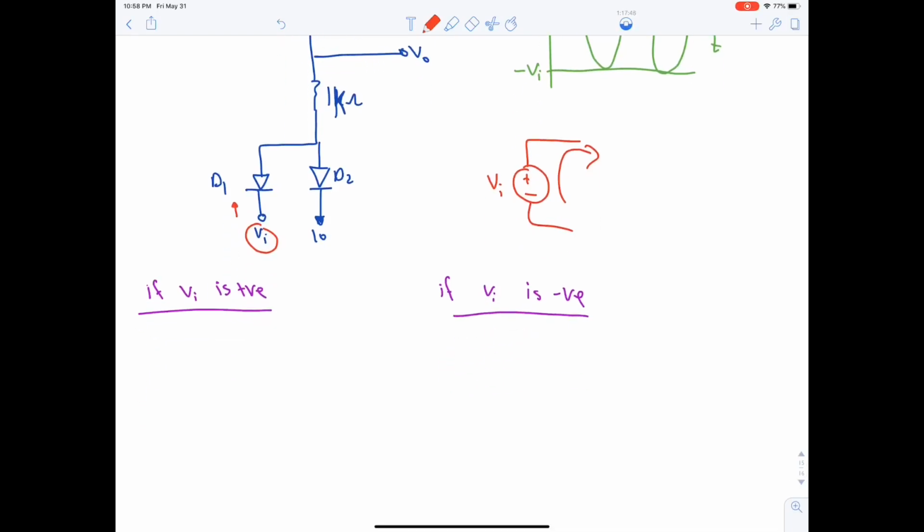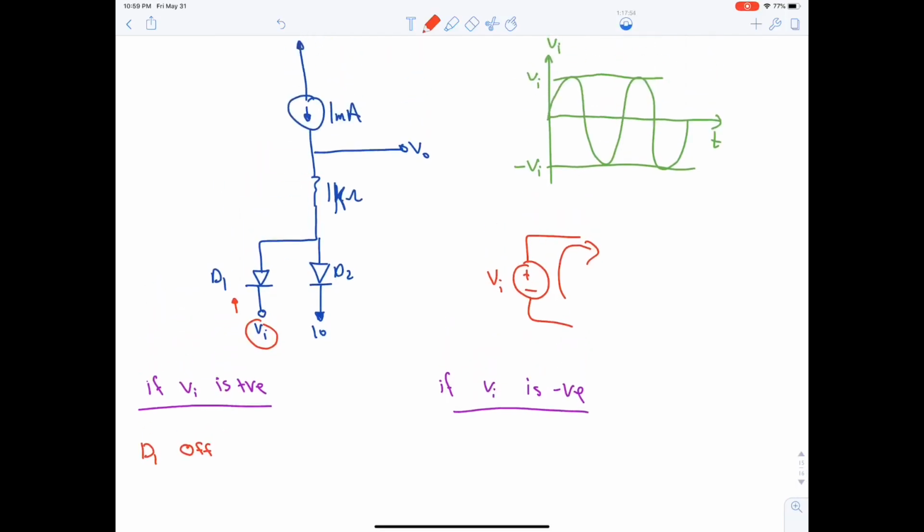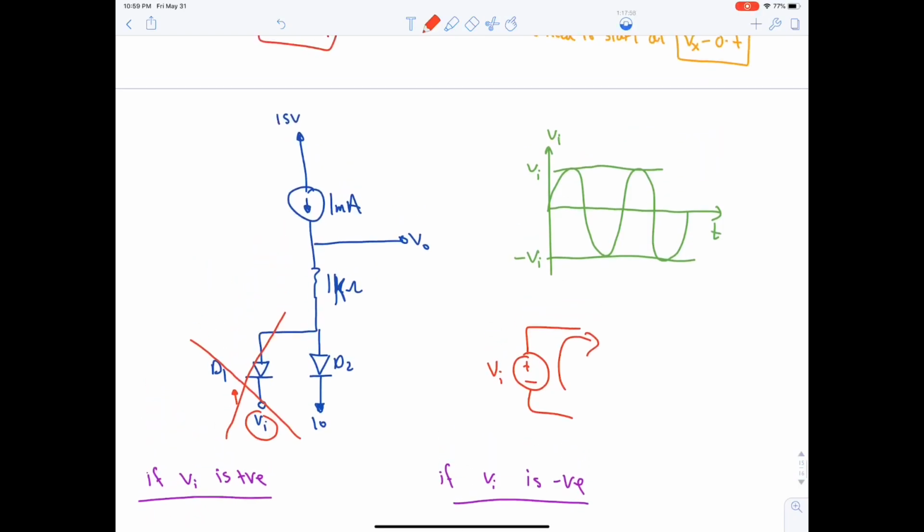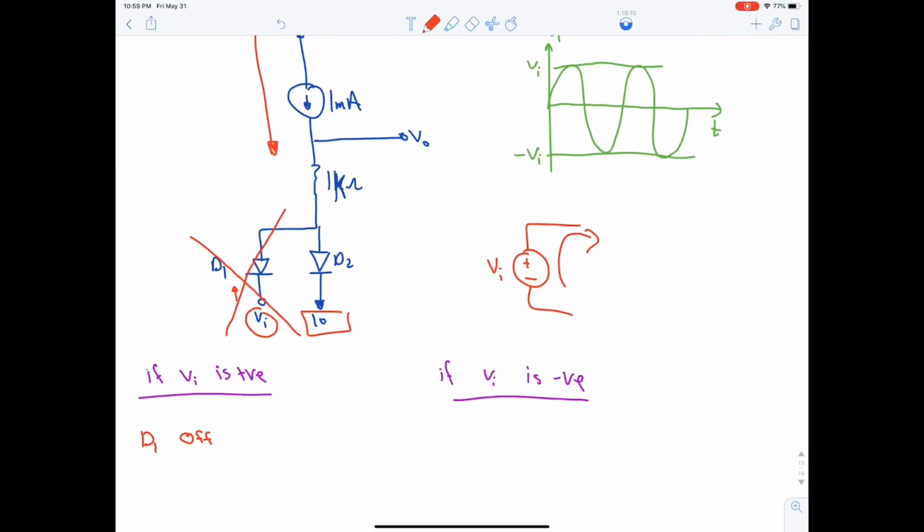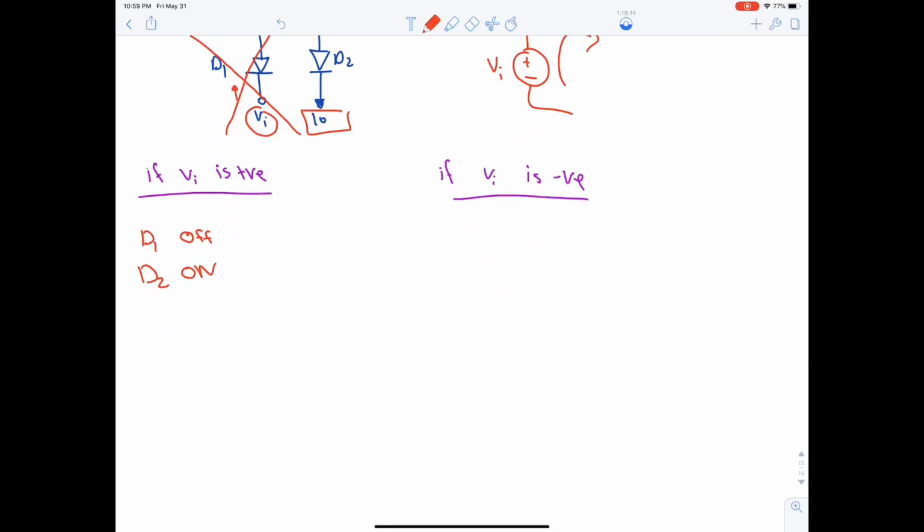So is D1 on or off? D1 is off. Okay, so this became open circuit. No longer exists. This is 15 volt and this is 10. So that's the high potential and low potential. Hence D2 is on.